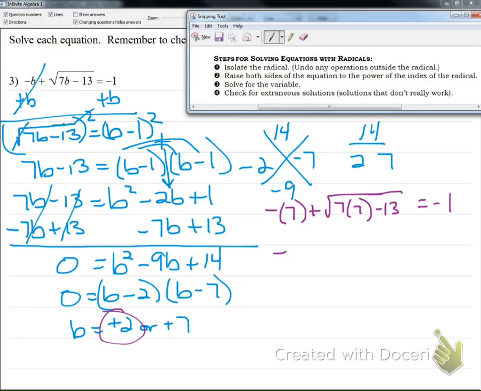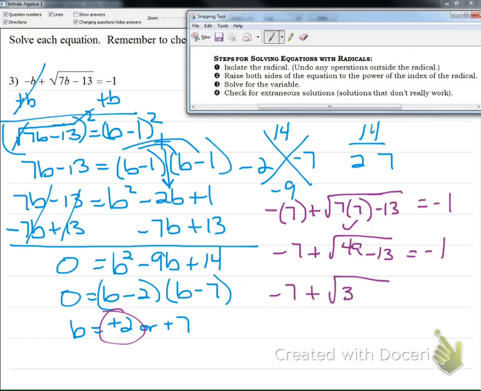Be careful with that. That is a positive 7. I put it inside parentheses just in case it was a negative 7. So a negative times a 7, because that negative is on the outside, equals negative 7. 7 times 7 is 49, minus 13.